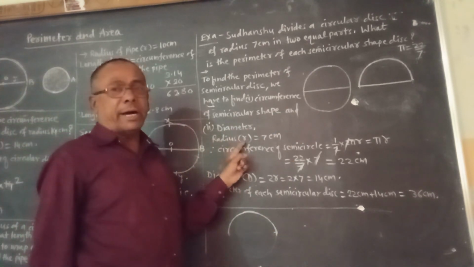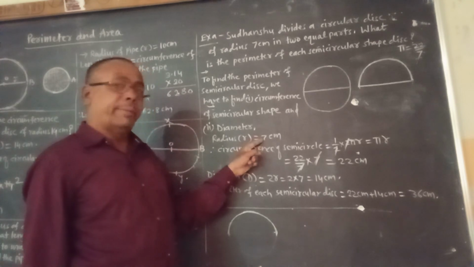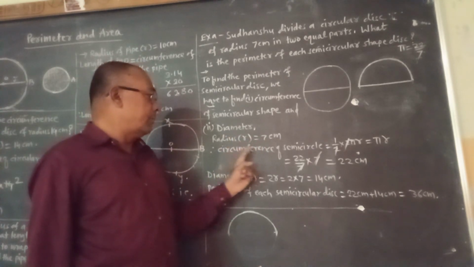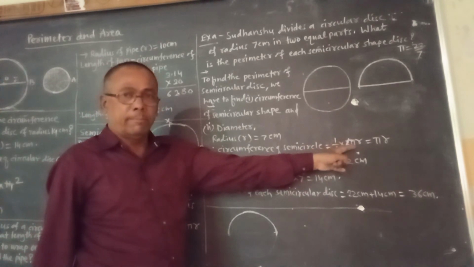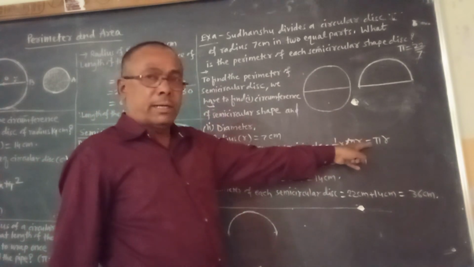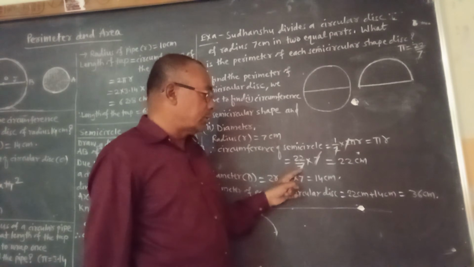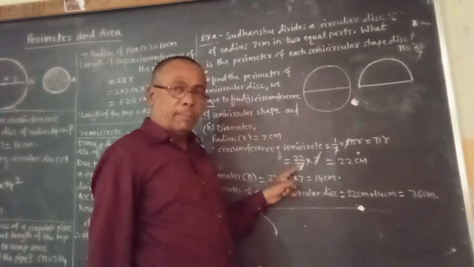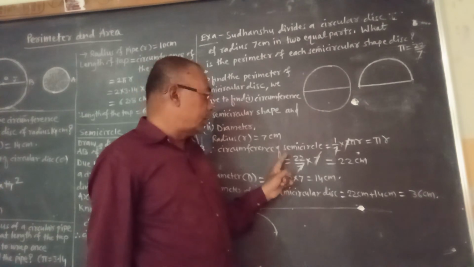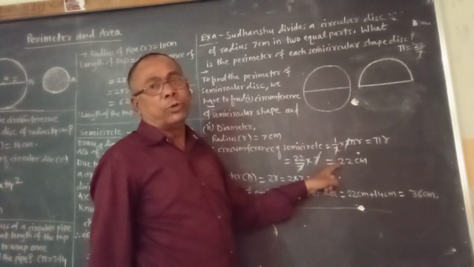Here radius r is given 7 cm, and therefore circumference of a semicircle is equal to 1/2 into 2 pi r, that is equal to pi r, and pi is 22/7 into radius 7. 7 will get cancelled, and therefore circumference of the semicircle will be 22 cm.